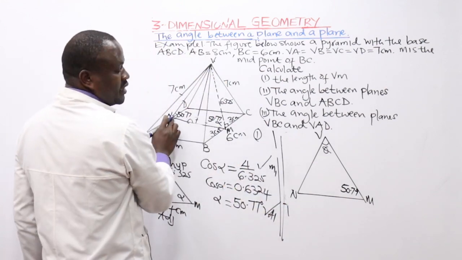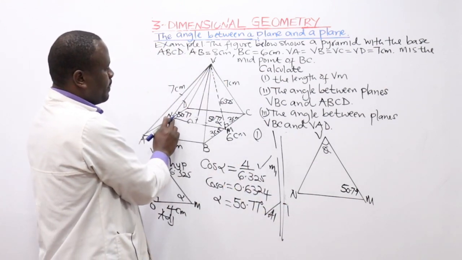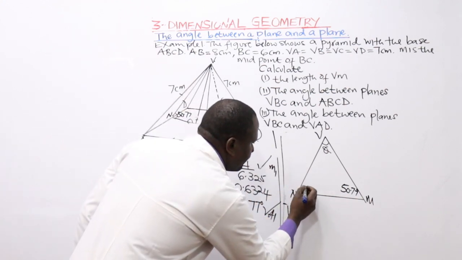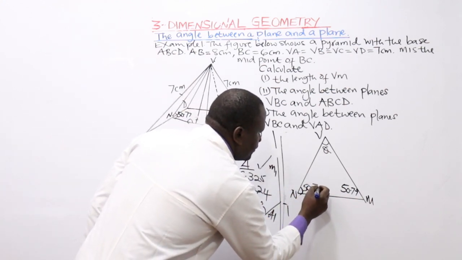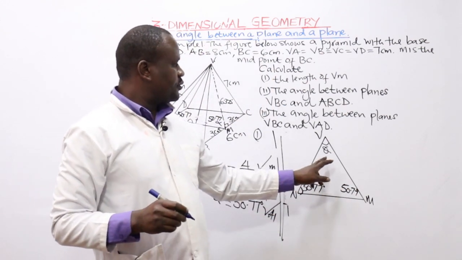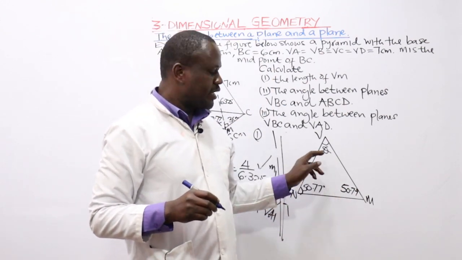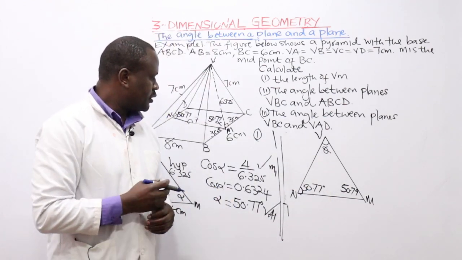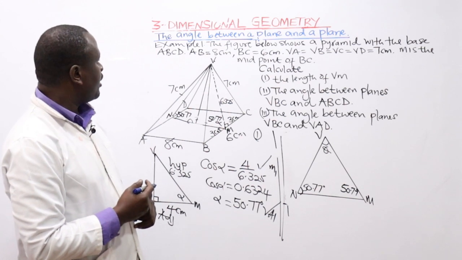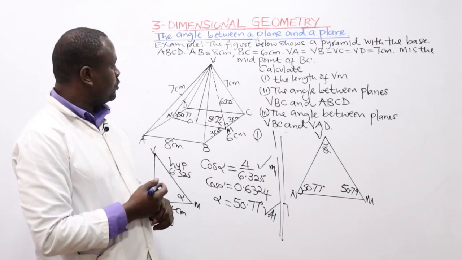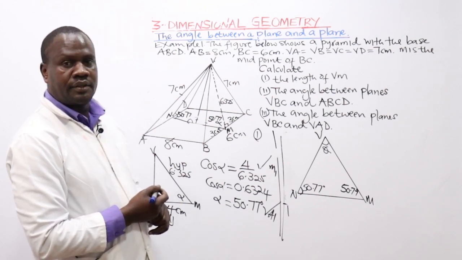This one should be the same. Base angles of an isosceles triangle. So you add the two, you subtract from 180, you get that angle. So that is how we calculate the angle between two intersecting planes.